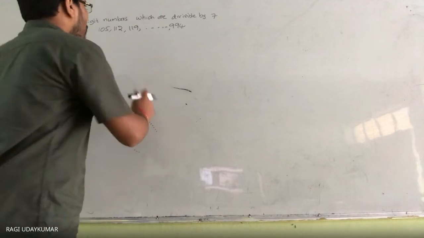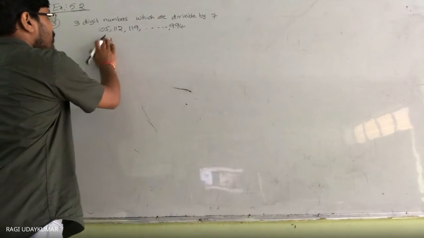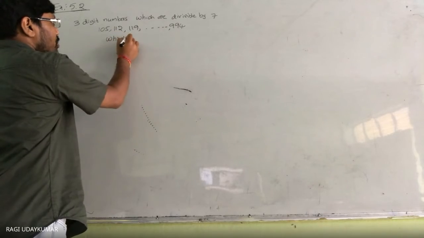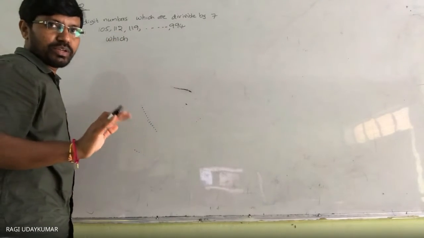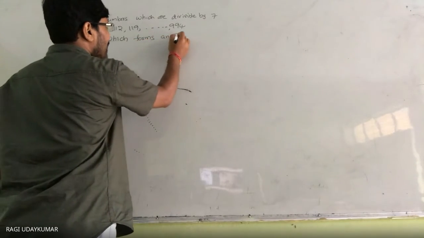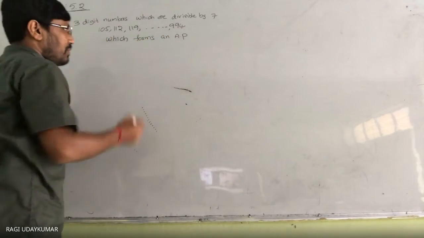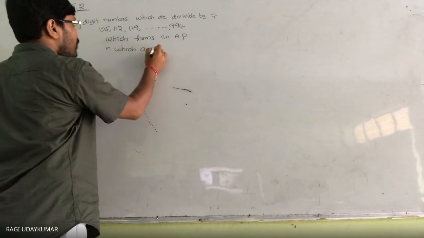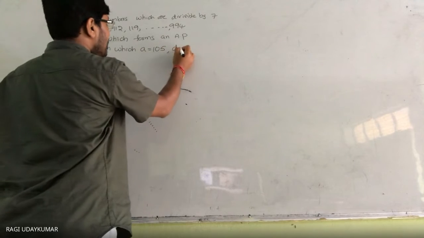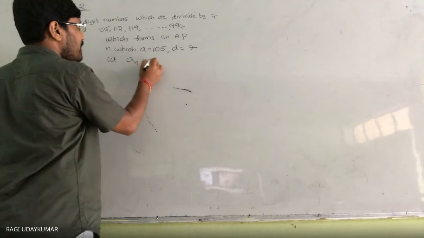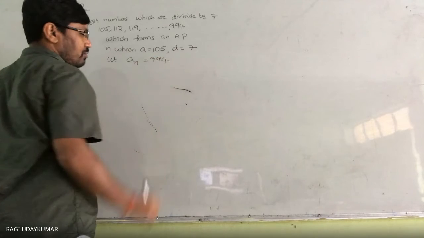Here you need to mention that this forms an arithmetic progression. The question does not discuss the arithmetic progression, but you have to mention that this forms an arithmetic progression in which a is equal to 105, d is equal to 7, and the nth term a_n is equal to 994.